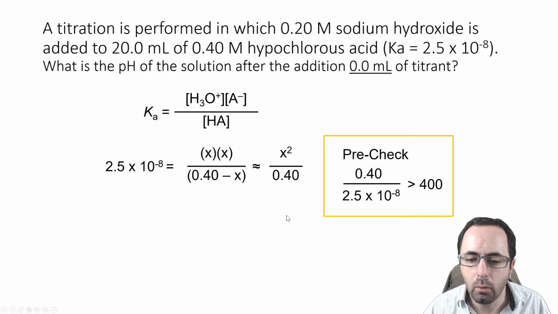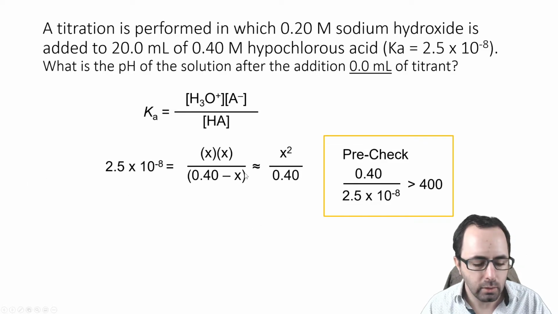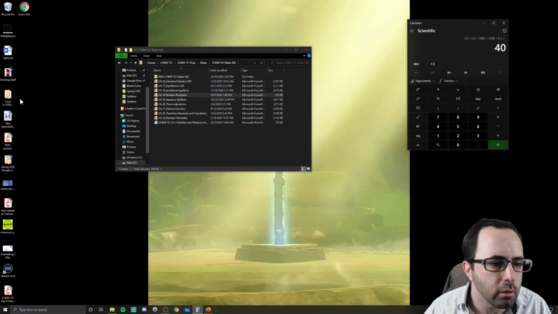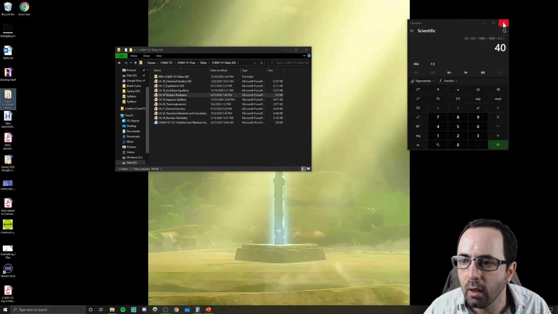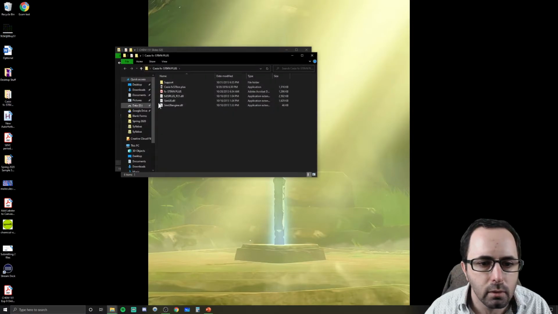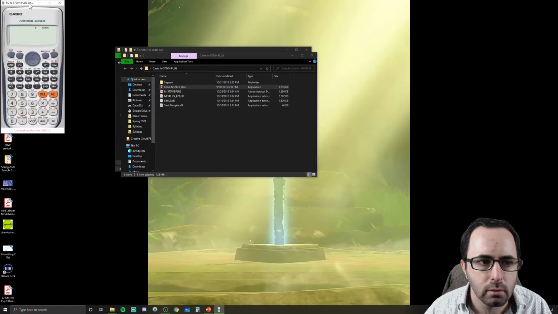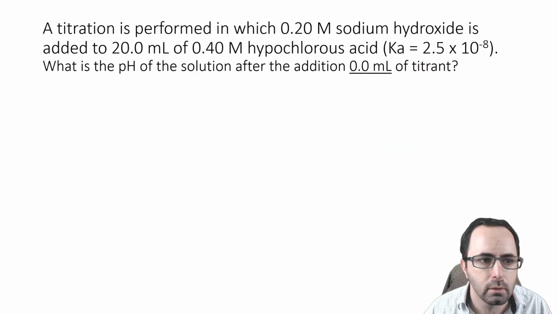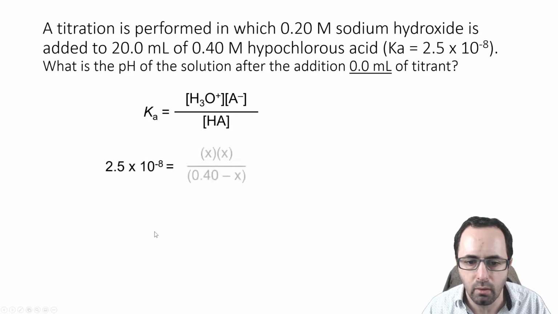And now, to solve this, we can multiply both sides times 0.4. And actually, I like to instead use my Casio instead of this Windows calculator. All right, so we're right here.